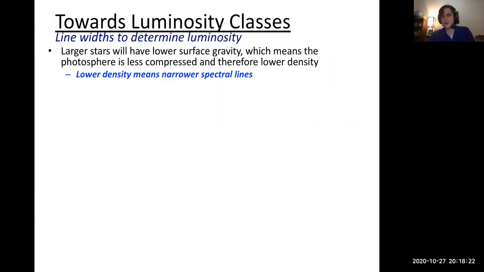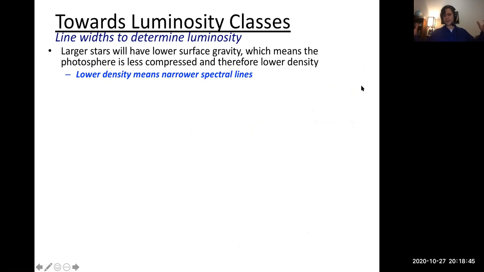Well, larger stars, they're all puffed out. They don't have that much difference in mass. The mass difference is pretty small, but the size difference is huge. Hundreds of times bigger in the case of, say, a main sequence versus a giant star.